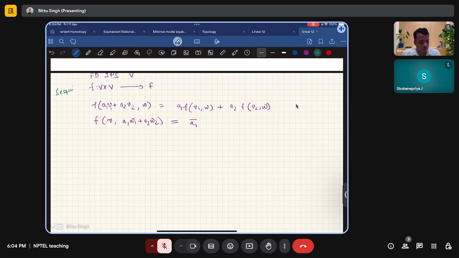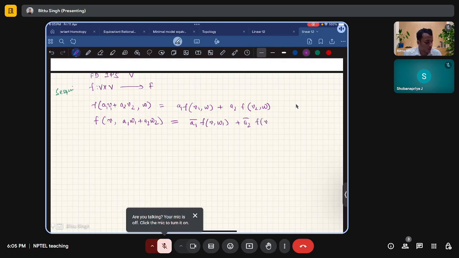So it is not completely bilinear; it is linear on the first component and conjugate linear on the second component. So it is a1 times f(v, w1) plus a2 bar times f(v, w2). So this is called a sesquilinear form, or in short, a form.